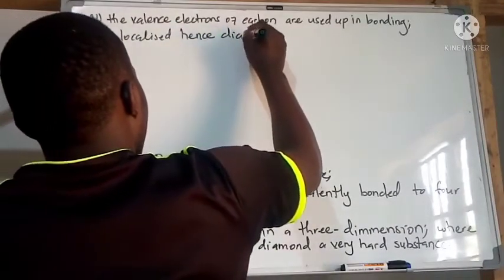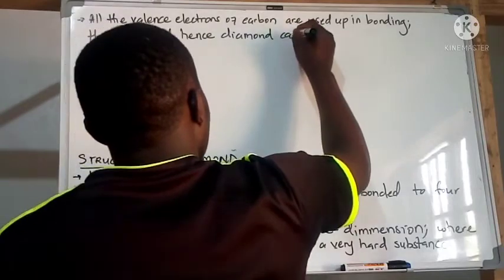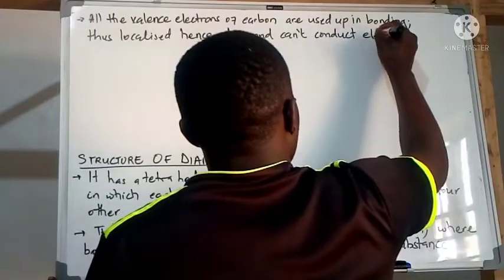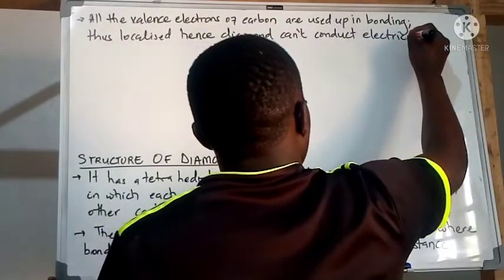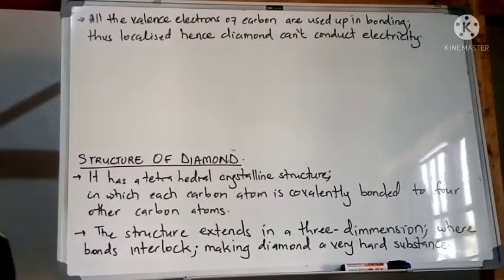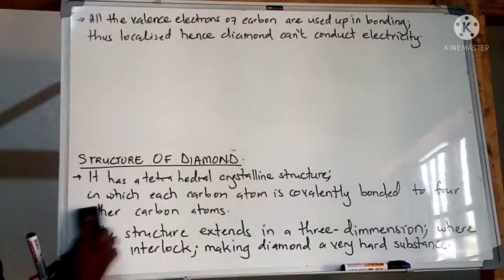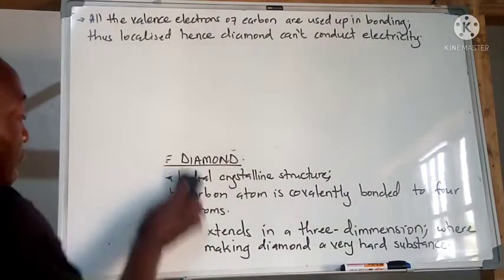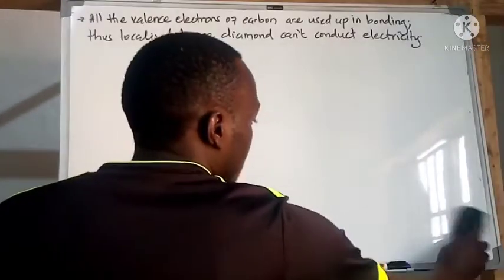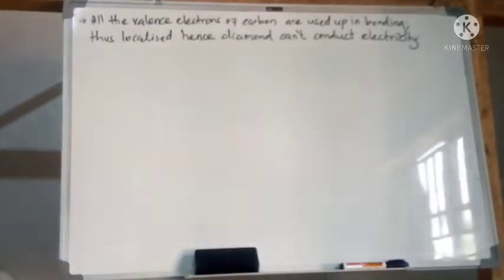Hence, diamond can't conduct electricity. So the reason why diamond cannot conduct electricity is because the valence electrons cannot move. They are fixed, they are localized. That's why there is no conduction of electricity, because of the localized electrons of diamond.